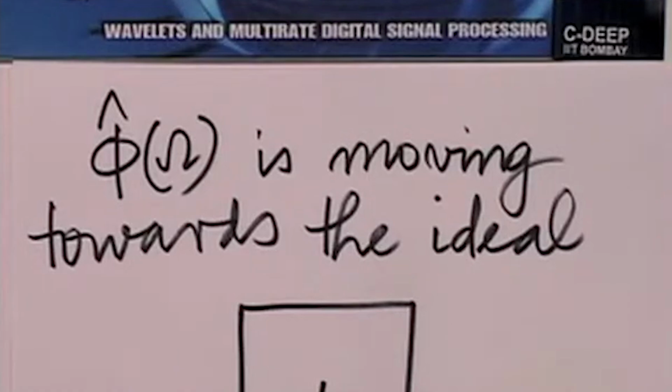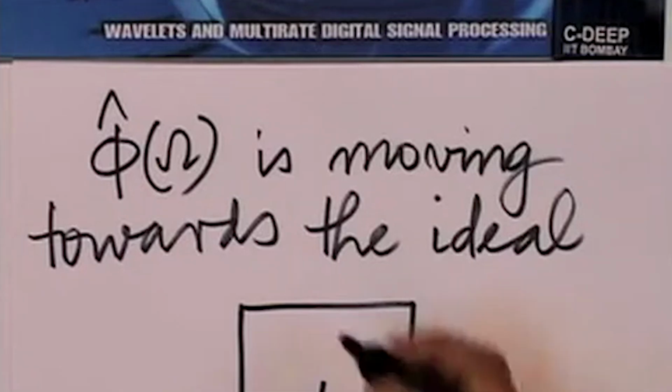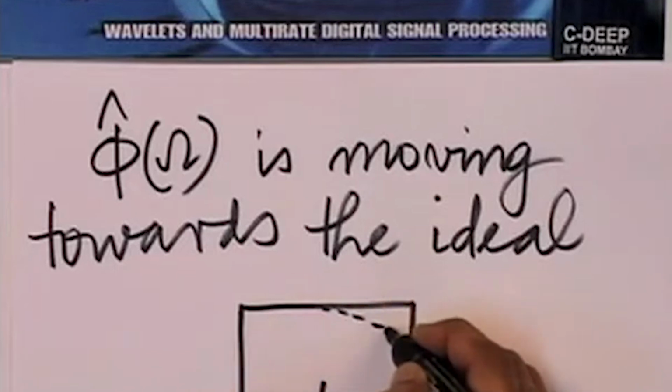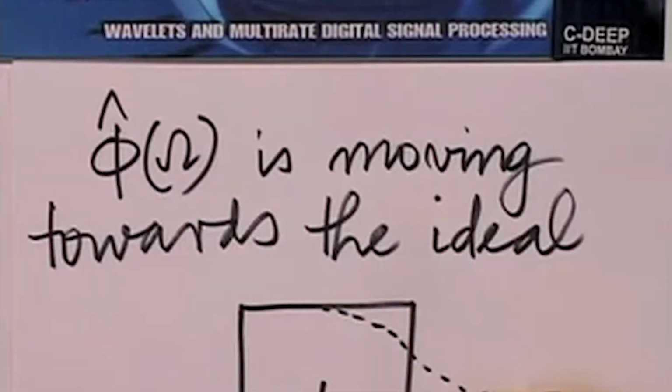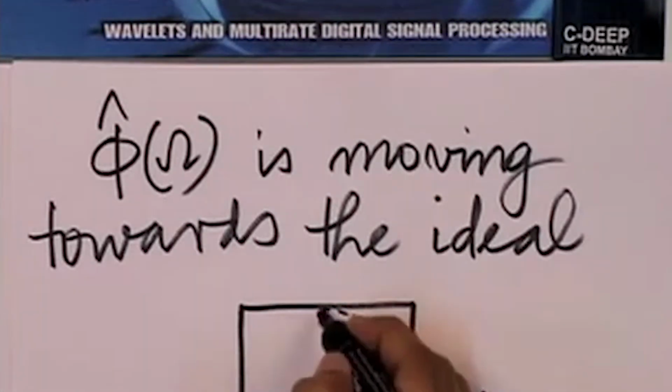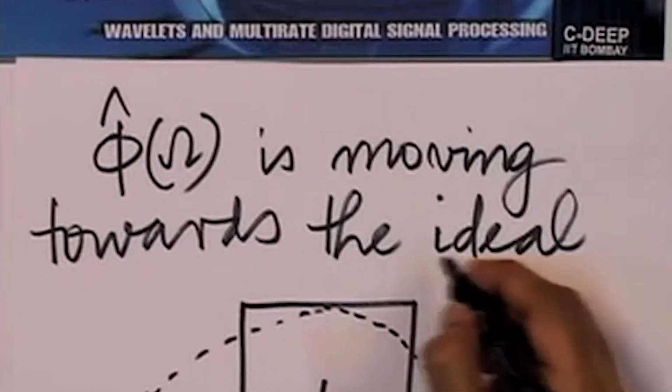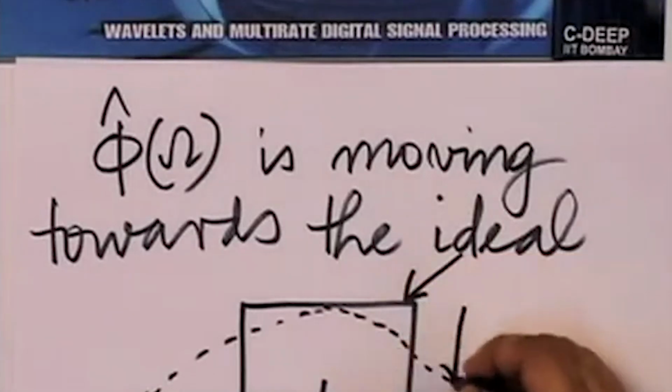This is where we are moving. And where we are is somewhere here. Very far away from it, of course. Not surprising, after all, that is what we saw in the Haar multi-resolution analysis too. Ideal here, actual there.